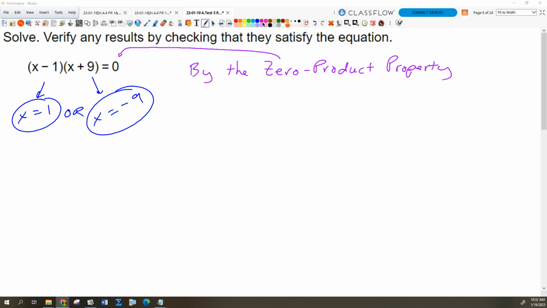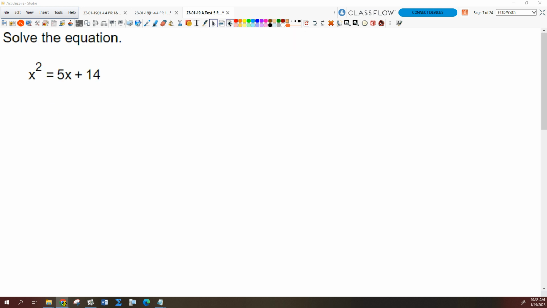So either the left factor has to equal 0 or the right factor has to equal 0 if they multiply to 0. So we just look for the values of x that make those things happen, okay? That's the zero product property. All right. Oh, give me thumbs on that one. How we doing? Okay. All right.